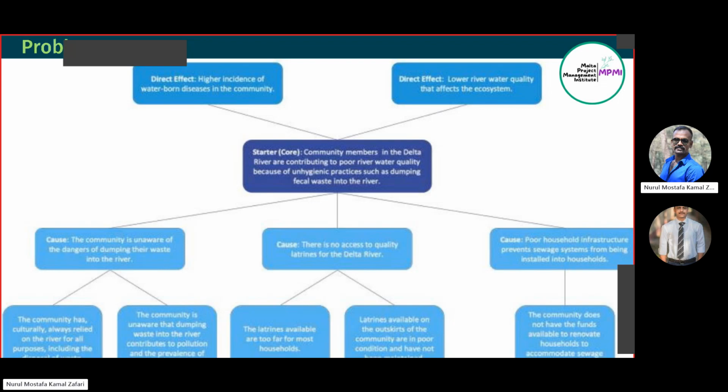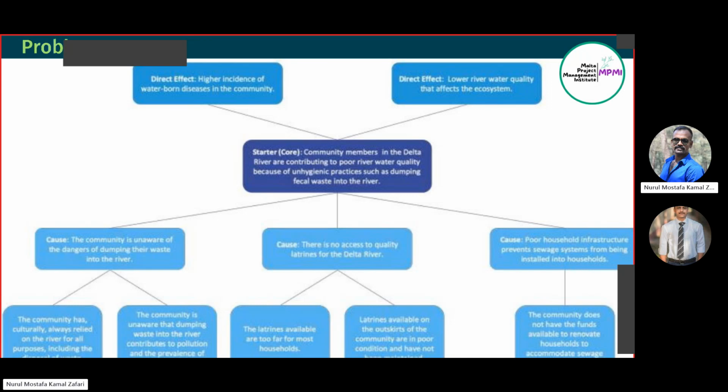Then we will find some underlying problems, meaning causes. And the problems are the roots of the tree. Now, the main problem of the Delta River community is that community members in the Delta River are contributing to poor river water quality because of unhygienic practices such as dumping fecal waste into the river.